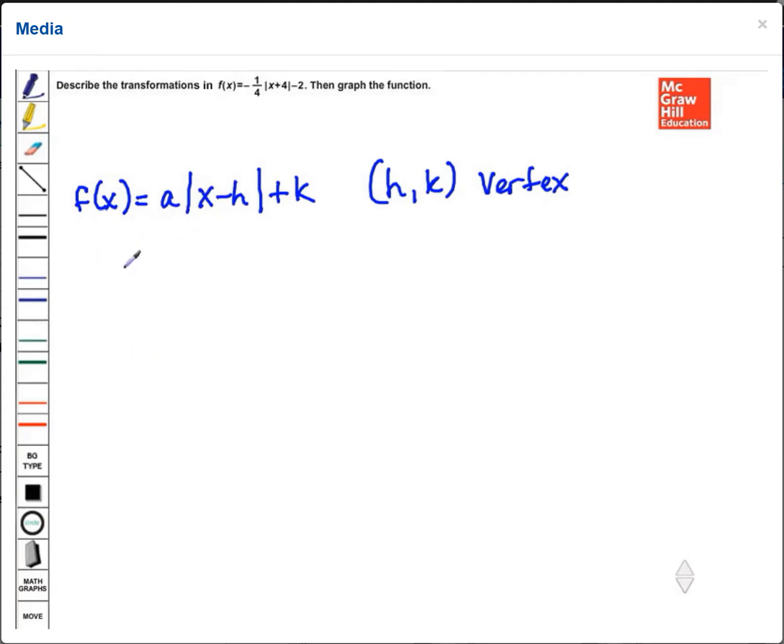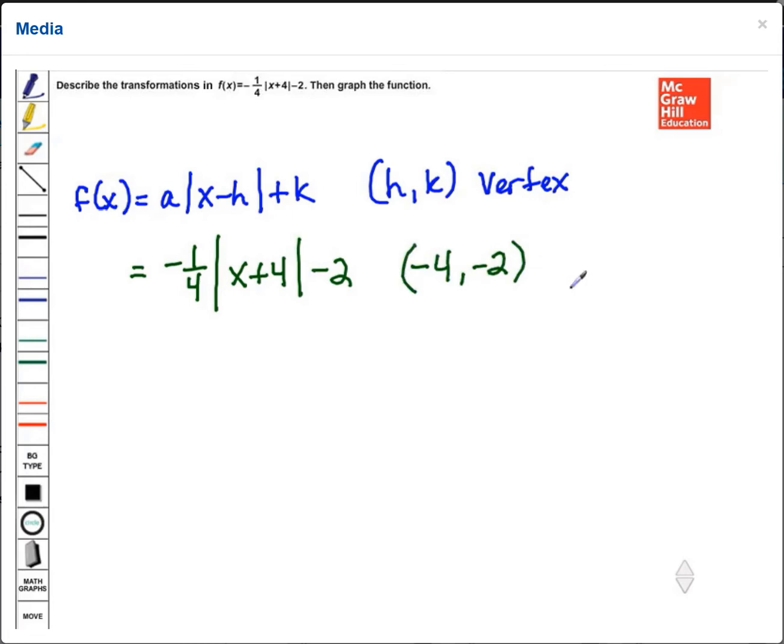We have f of x equals negative 1/4 absolute value of x plus 4, minus 2. So what this says is we have a center which is at negative 4, negative 2.